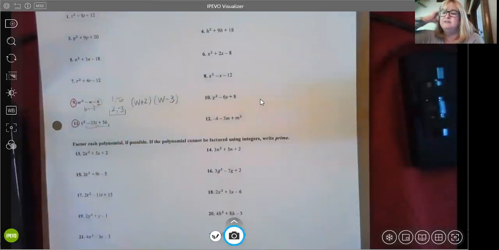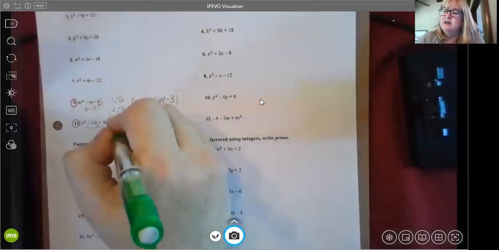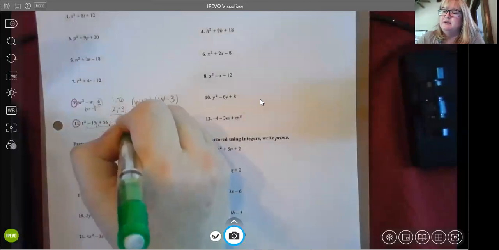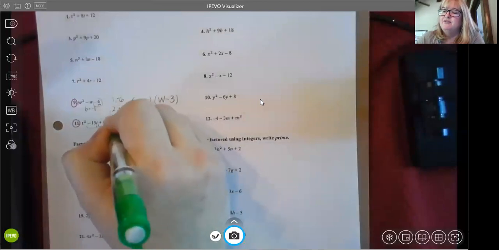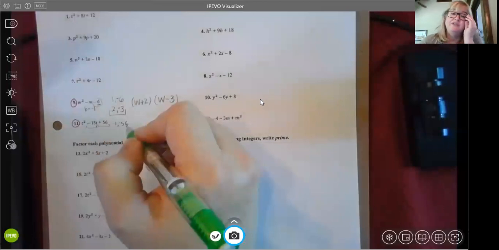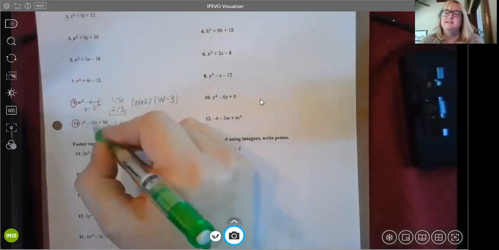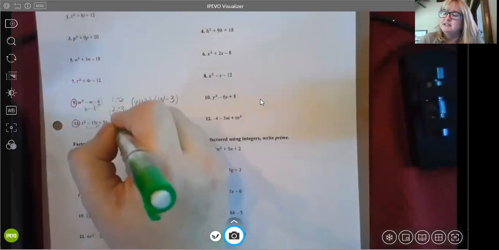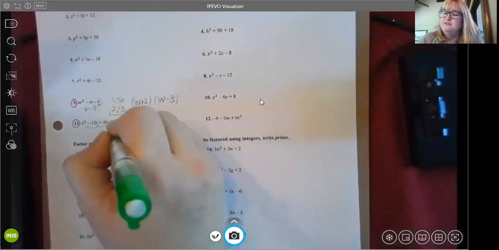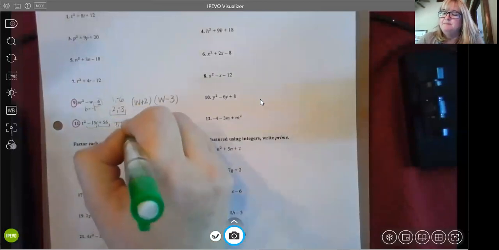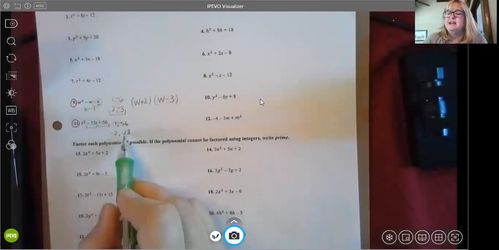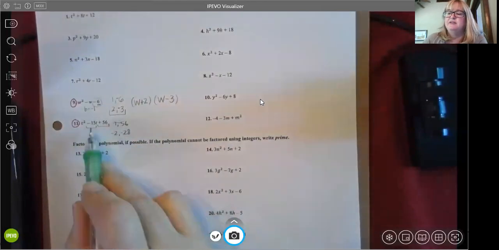All right, so let's look at the factors of 56. We've got 1 and 56. We said they both need to be negative. -1 plus -56 is -57. That's not -15, so that's not right. -2, -28. -2 plus -28 is -30.